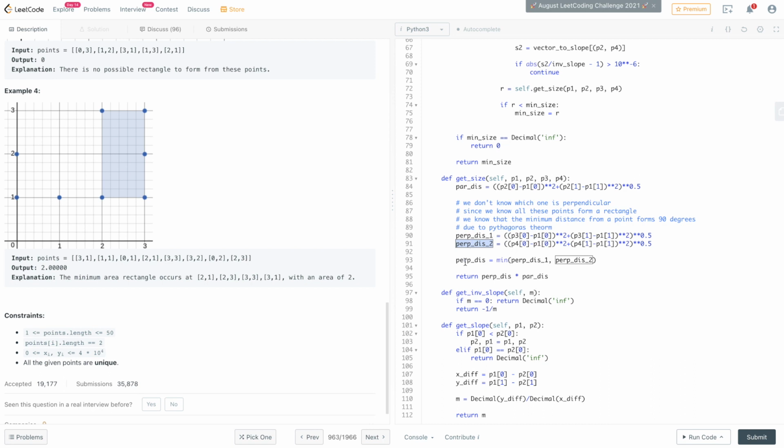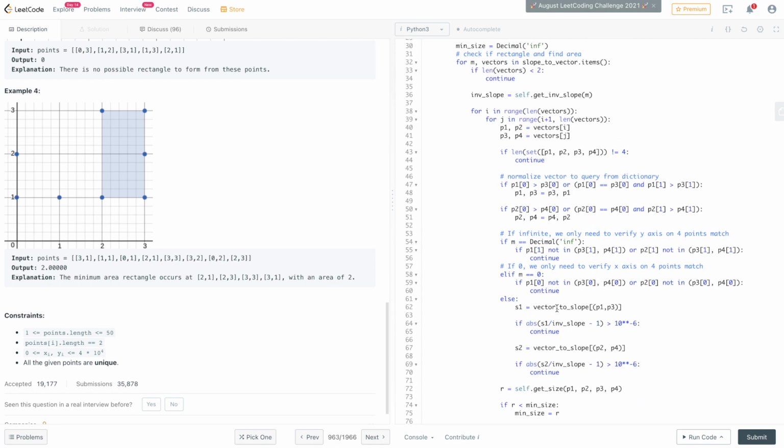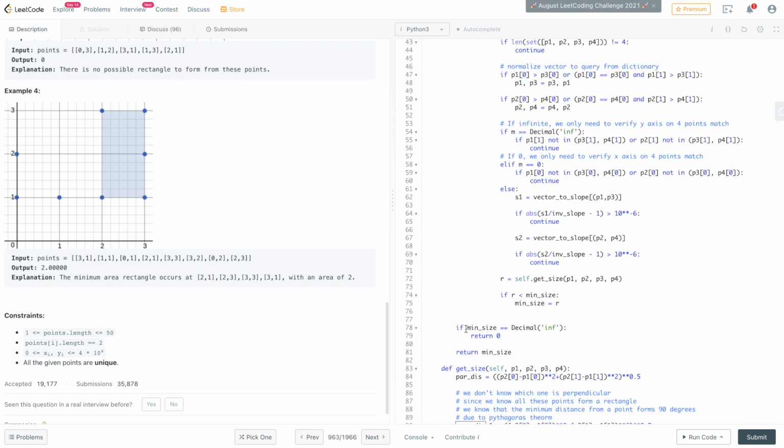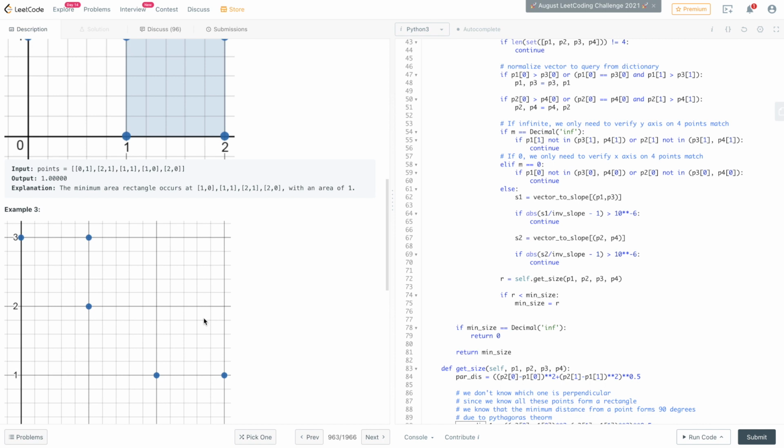And we just need to find the minimum one and then multiply them to each other, which will result in the area of the rectangle. Once we know the area of the rectangle, as I said before, we just have to set min size to it. And if the min size happens to be infinite, we could just return 0, as example 3 shows. And if we actually have a min size, we could return that as is.